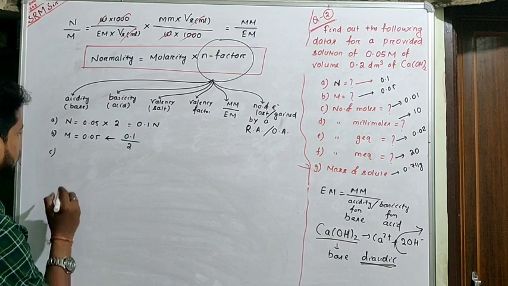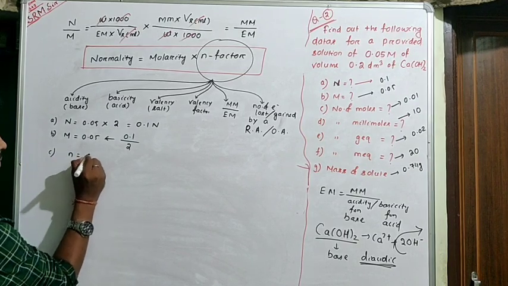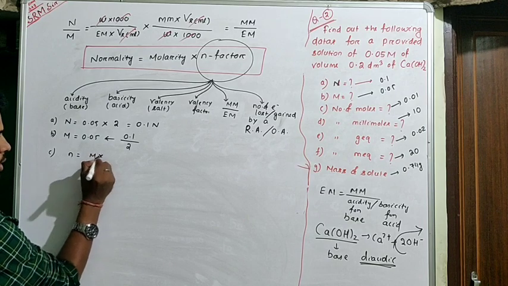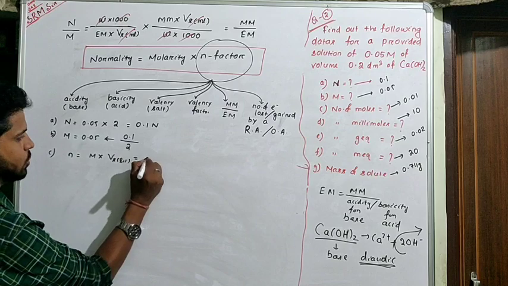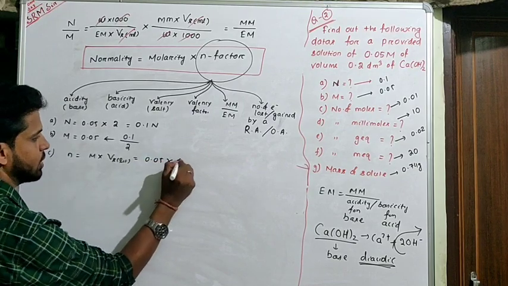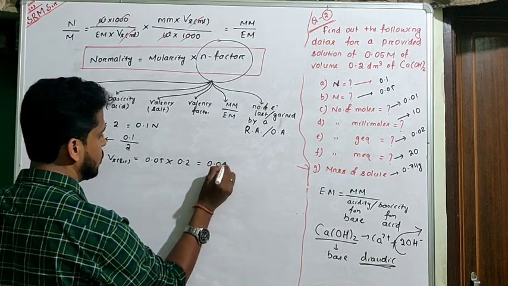C. Number of moles is molarity into Vs liter. That is 0.05 into 0.2, which is 0.01 moles.